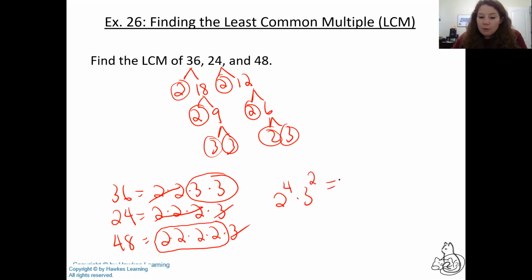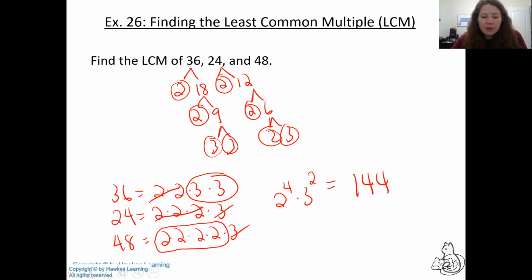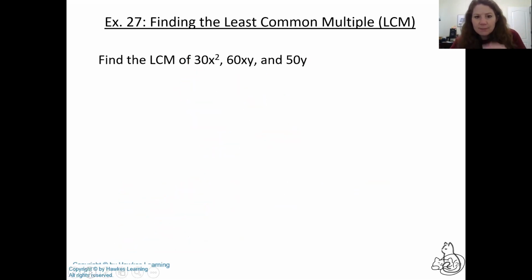So our least common multiple is 2 to the 4th times 3 squared, and we get, oh, same answer. How is that? 3648. Oh, well, that wasn't a great example. I wish we got a different answer, but anyway.